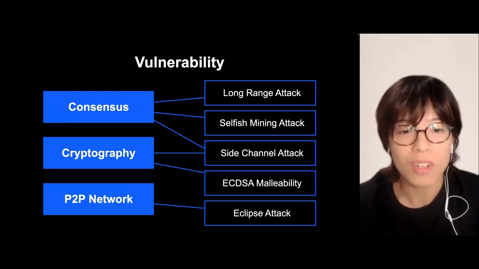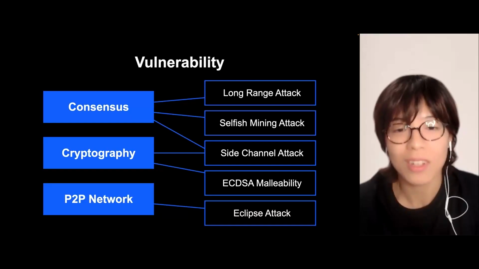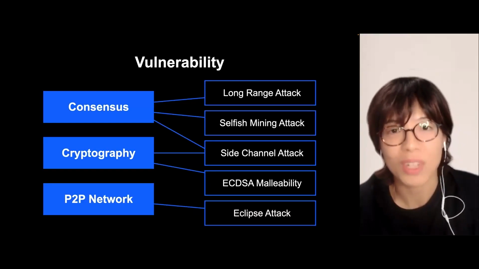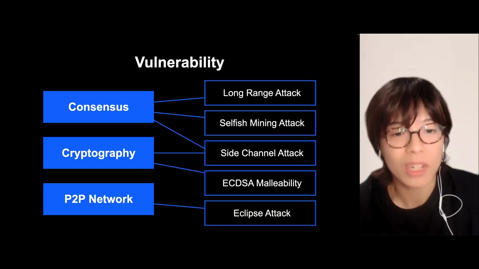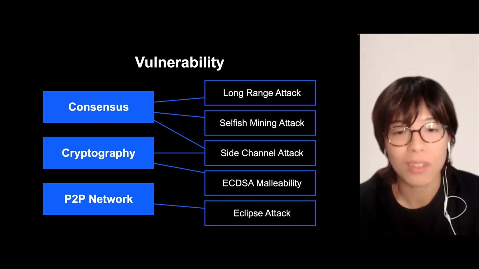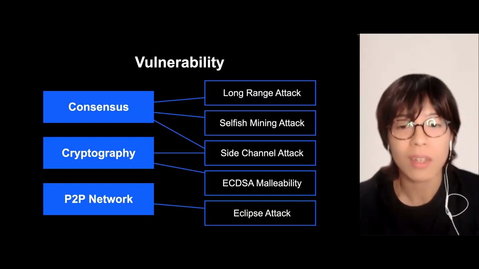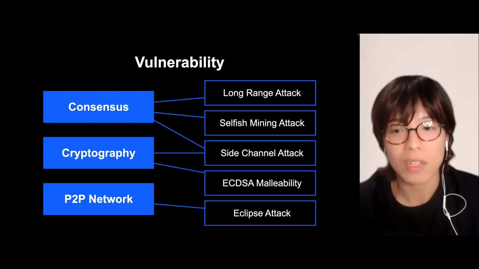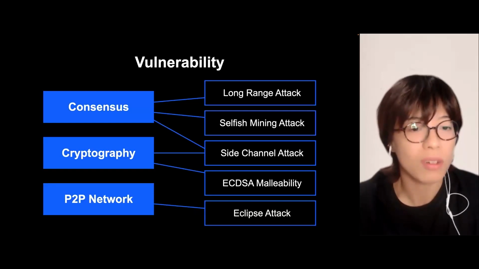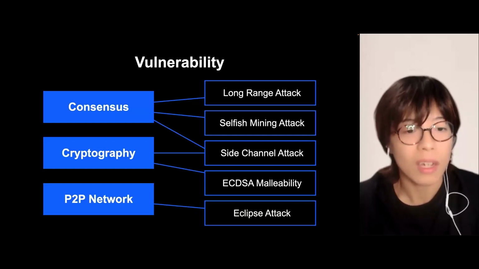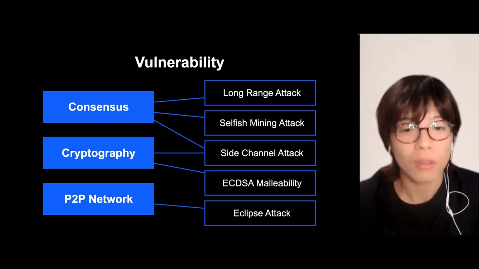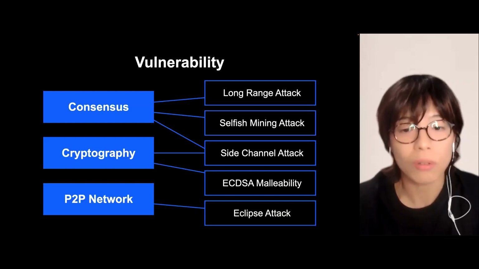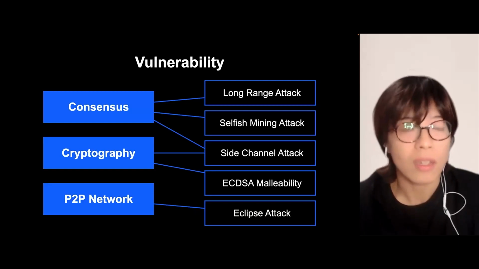Generally speaking, there are intrinsic vulnerabilities in blockchain consensus, cryptography, and the P2P network. For each area, there is a specific attack, such as the long-range attack and the selfish mining attack. In attacks on block-related vulnerabilities, there is an unlawful change of chain length, so that a false chain is made to appear true. In a side channel attack, the state is observed from outside, to try to acquire internal information.